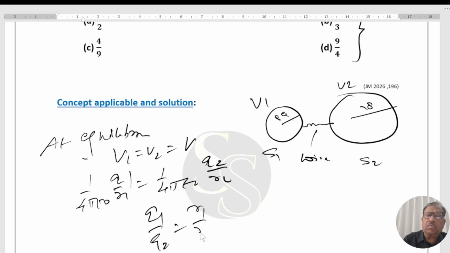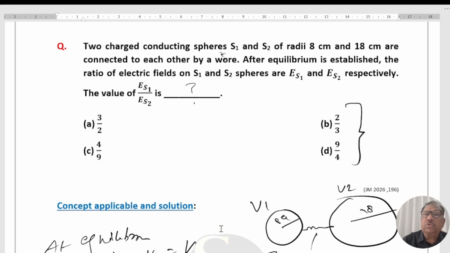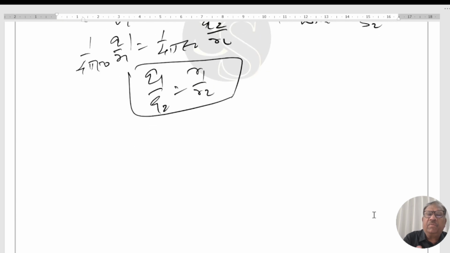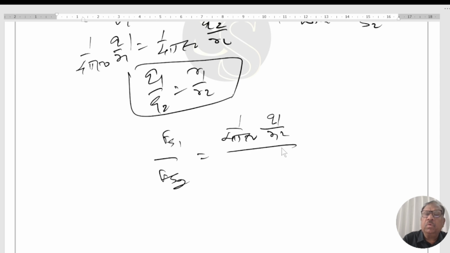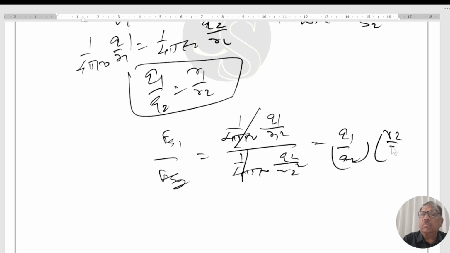That is Q1 over Q2 equals R1 over R2. This is equation 1. We have to find the ratio of electric fields. ES1 over ES2 equals 1 over 4 pi epsilon naught Q1 upon R1 square, upon 1 over 4 pi epsilon naught Q2 upon R2 square. This becomes Q1 over Q2 times R2 over R1 whole square.